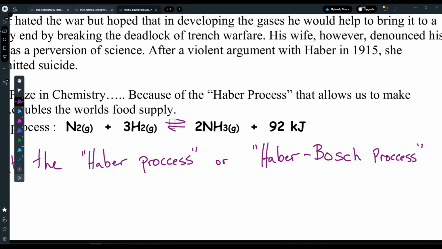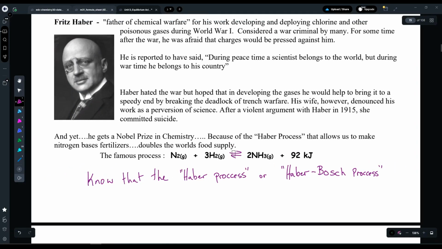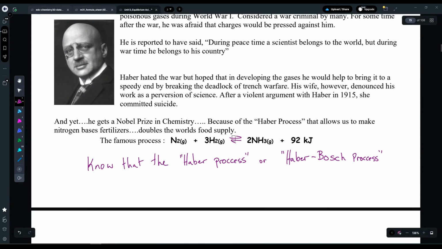The reason it's called the Haber process or the Haber-Bosch process is just to reference the scientists that first studied this particular reaction.